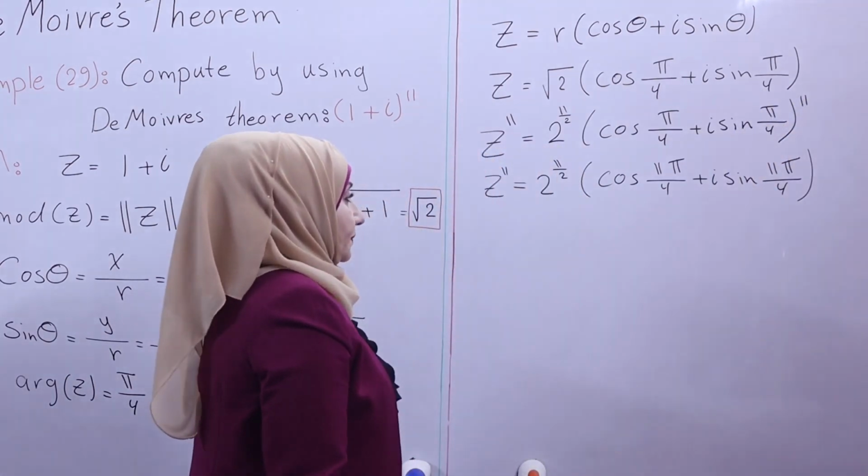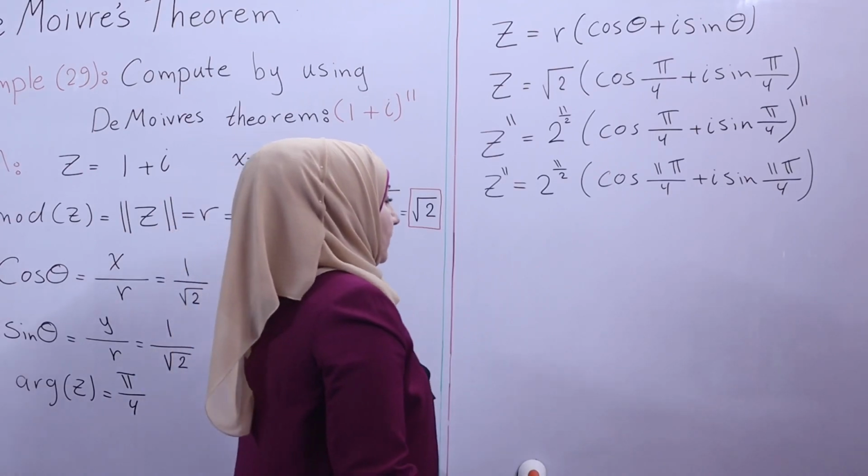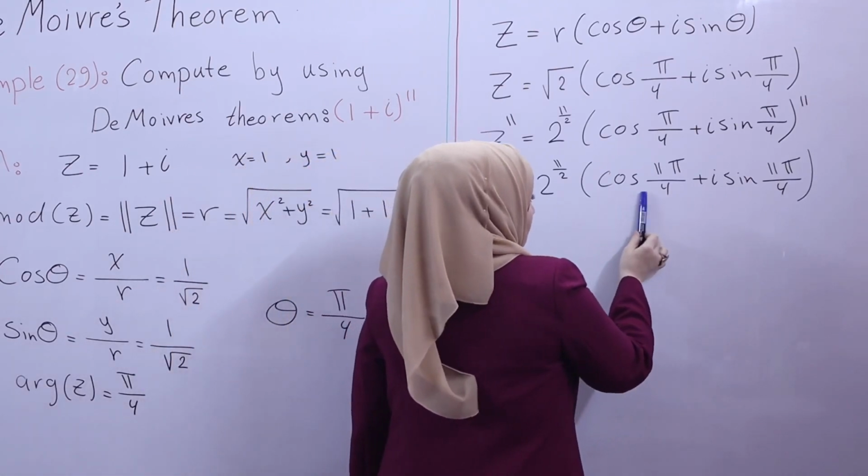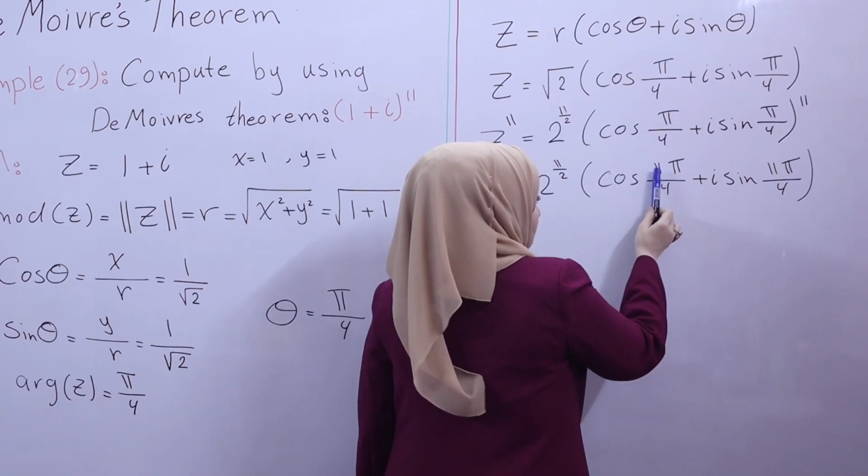So now هسه هنا ايش راح نسوي؟ First هنا we have cosine 11 pi on 4.